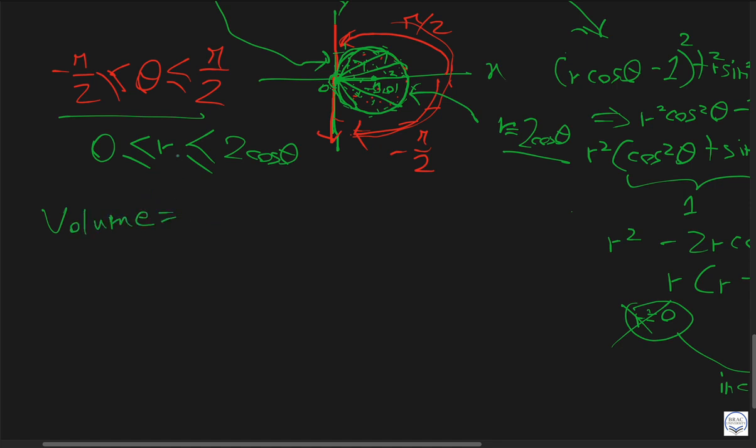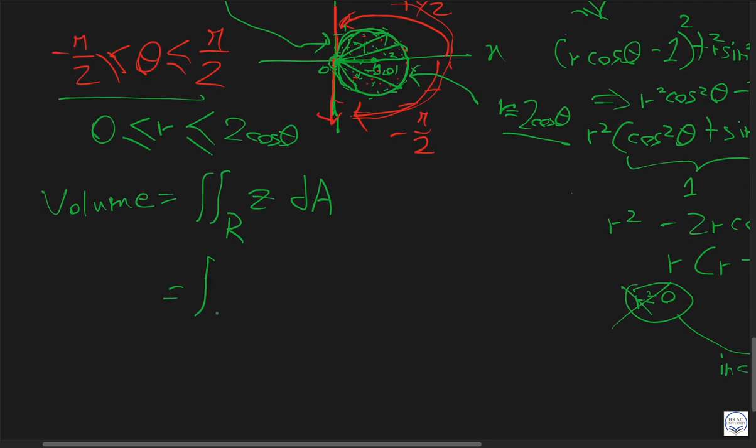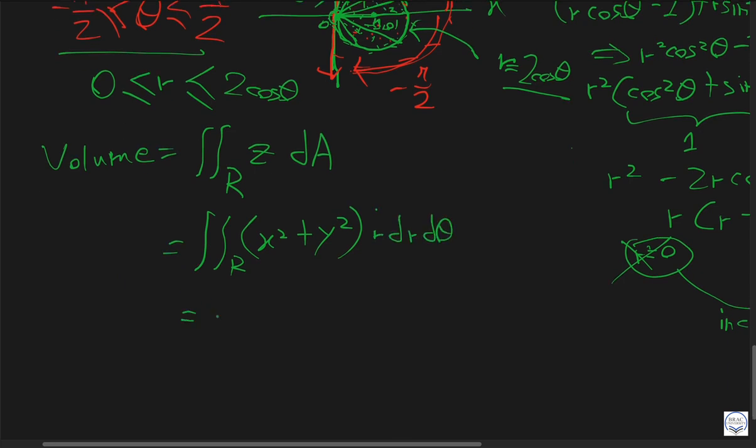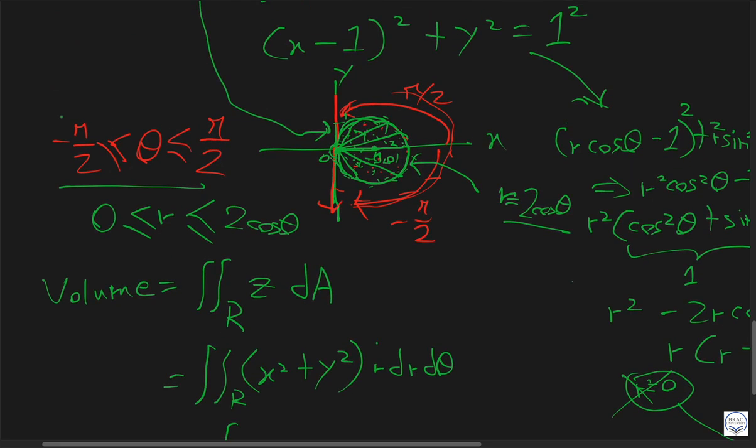The volume is just the double integral of z dA, and our z is x squared plus y squared from the question, and this is in polar coordinates, r dr d theta. And now we can write down a region using these inequalities.